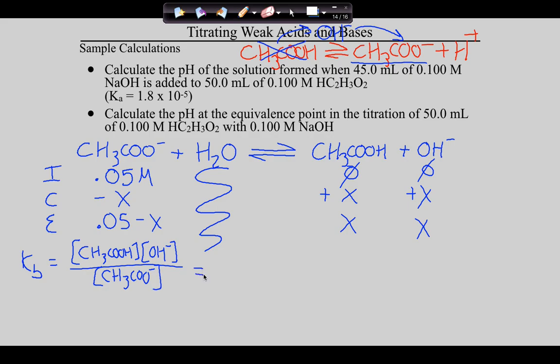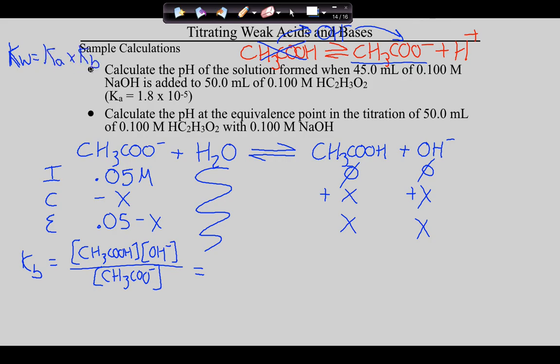Now guys, we got a problem. What's Kb? We got the Ka for the acetic acid, so we can go Ka times Kb is Kw, and we can figure out the Kb for acetate ion. So Kw is equal to Ka times Kb.